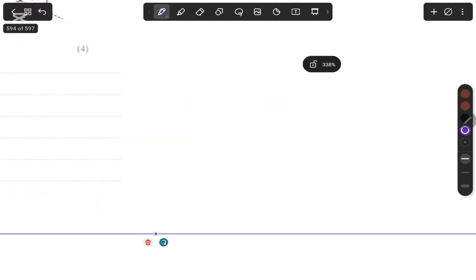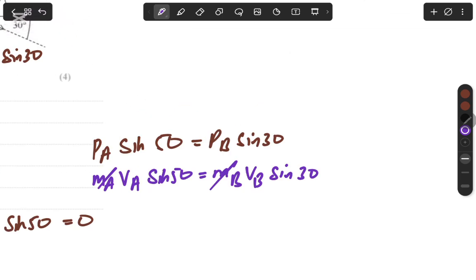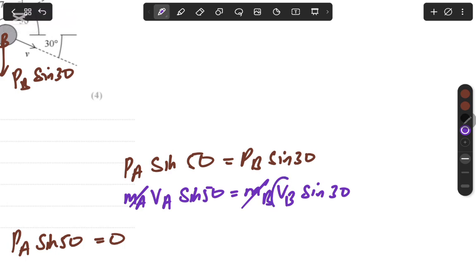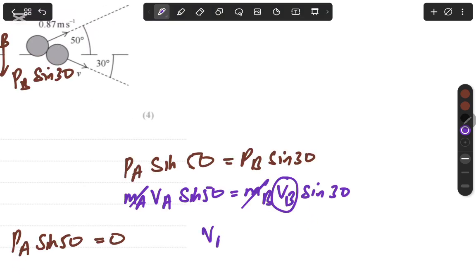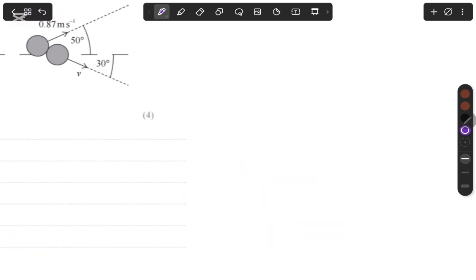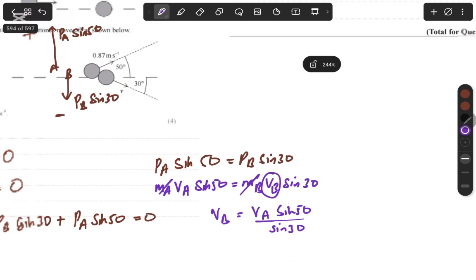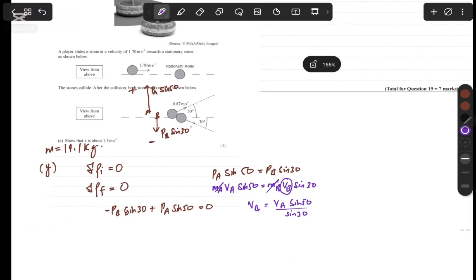We need to make VB the subject because this is what we need to find out. So VB is equal to VA sine 50 divided by sine 30. Let me plug in the values now. That's going to be 0.87 sine 50 divided by sine 30. We're going to get 1.33 meters per second, which is approximately 1.3 meters per second.